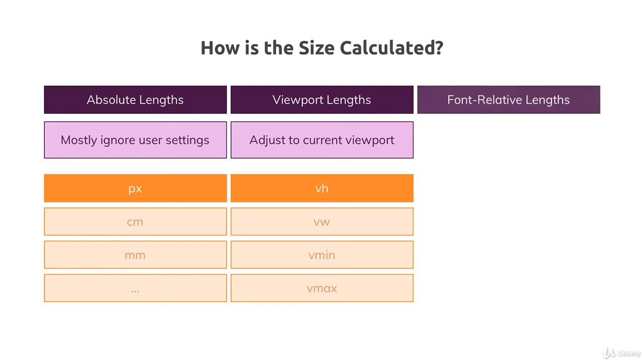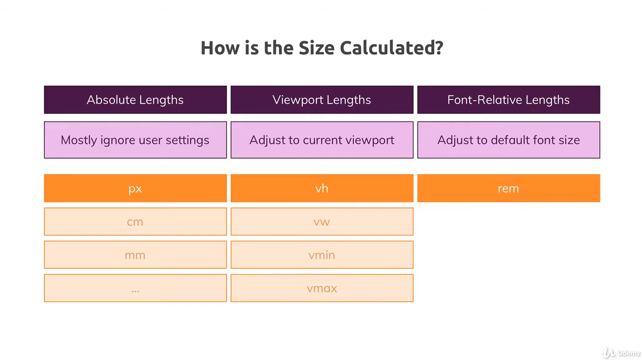And then we have a third one, font relative lengths. Well, as the name says, font relative lengths adjust to the default font size. And if you remember what I said in the beginning, then this rem, with my bad REM joke, is the unit that allows you to do that. I also told you that we have M and that there is an important difference.